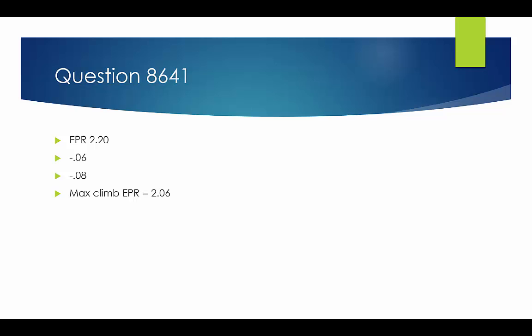I guarantee one of the FAA test question answers is 2.20. They want to see if you're noticing these things in the notes and taking these corrections. So work slow enough and read the notes enough that you can see what is going on and take those corrections. So our EPR of 2.20, subtract 0.06 and subtract 0.08, and we come up with a max climb engine pressure ratio of 2.06. That's the answer to this question.